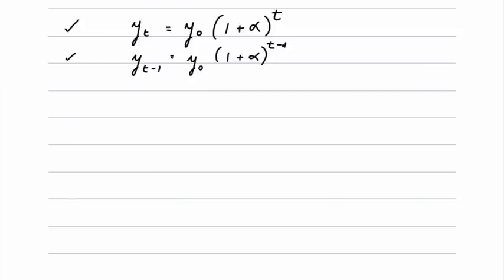All right, so why am I doing that? When working with variables that grow exponentially, it's often useful to transform the variable into natural logs, and ln is the standard mathematical notation to represent natural log.